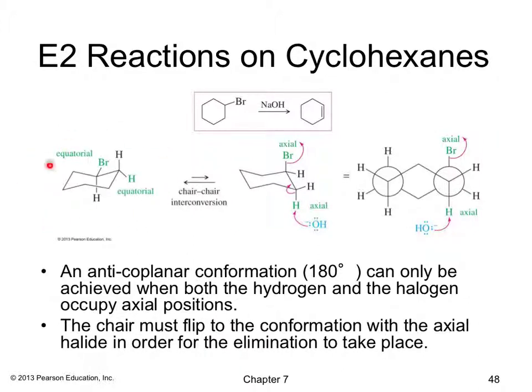So here's the hydrogen and the halogen at the equatorial position, so then you're going to undergo a ring flip. So now that it's in the axial positions, now you can pluck off that hydrogen, form the double bond, kick off the bromine. And if you look at it in terms of Newman projection, this is how it looks. So in order for this reaction to occur, even though this is more stable in the equatorial position, you need to undergo this chair-chair conformation in order for the elimination to take place.